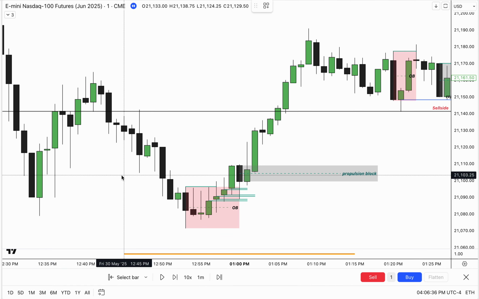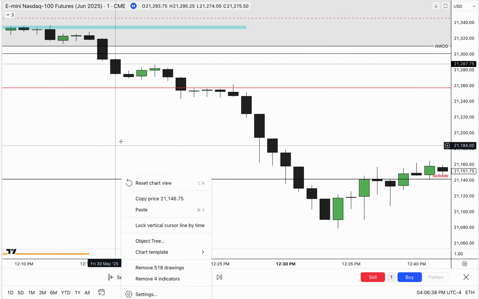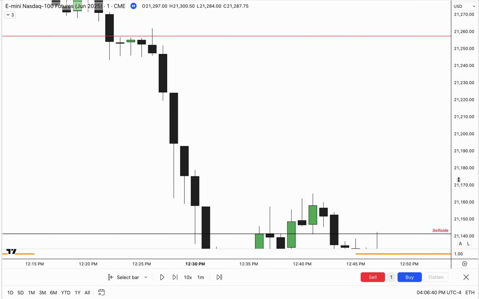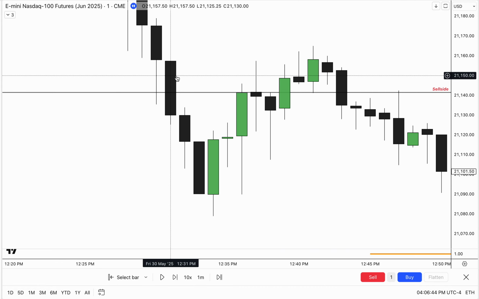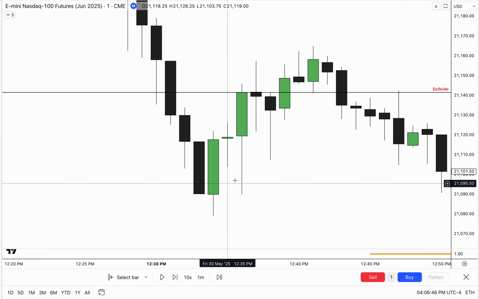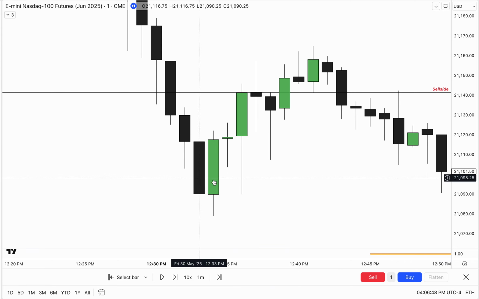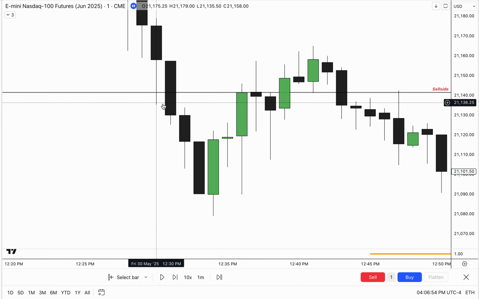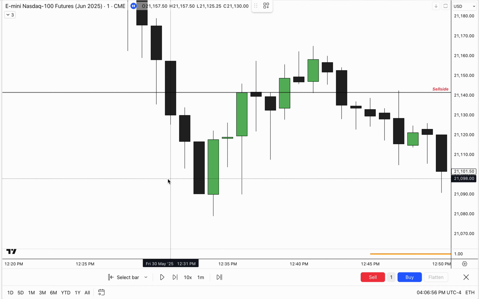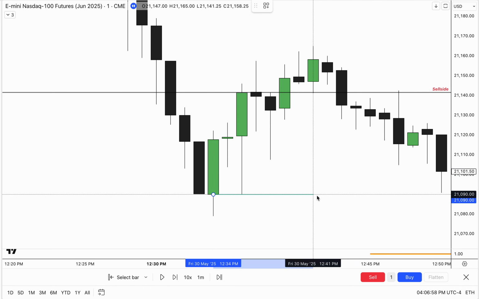It might be a little confusing because I'm probably not teaching it exactly right, but let me just show you. So what I mean, we come down and we make a swing here, okay? The rejection block becomes this. So you have a low and you run away. This is the rejection block, okay?